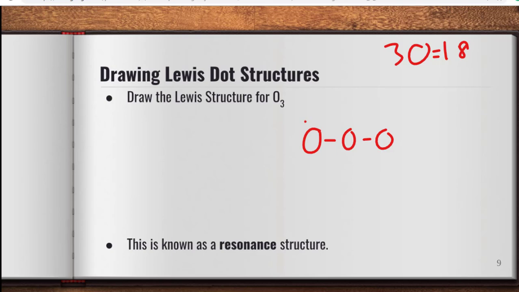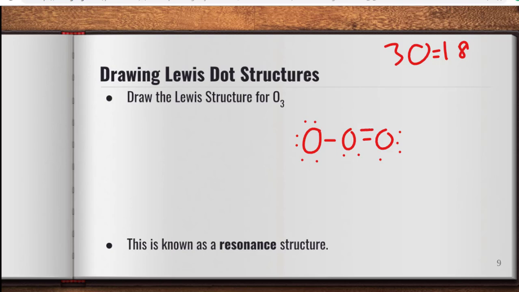So on the ones on the outside, we're going to add 6 electrons. And the ones in the middle, we're going to add 4. So let's count them up and see if we get 18. So we got 2, 4, 6, 8, 10, 12, 14, 16, 18. We have 20. So again, we need to remove 2 lone pairs and draw a double bond between them.